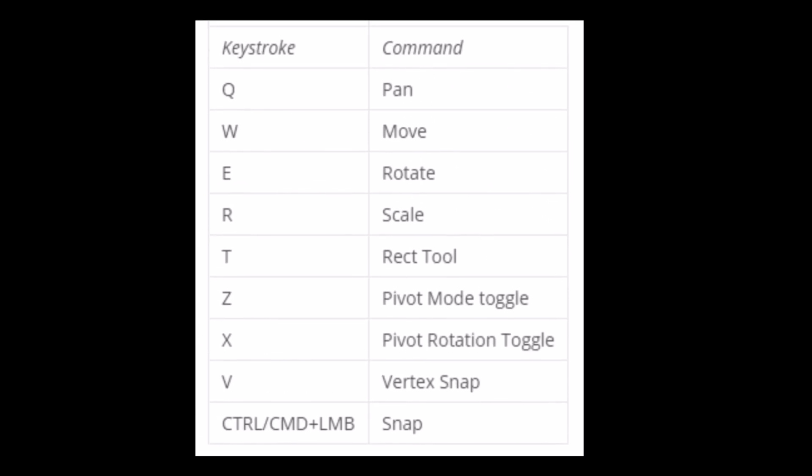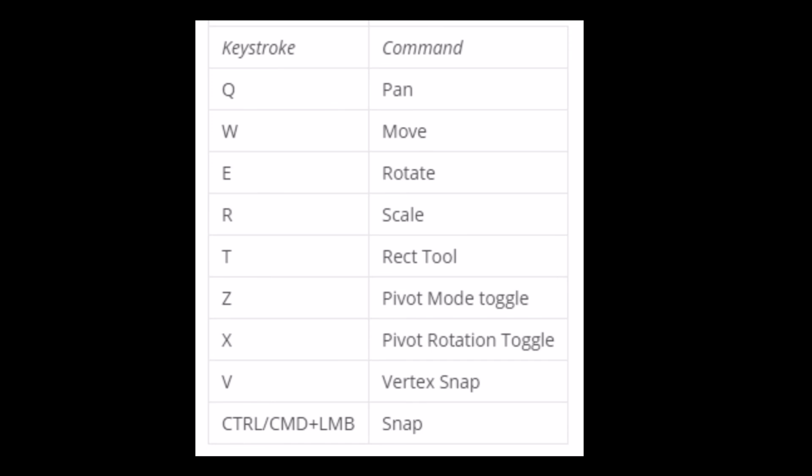A couple other things to talk about would be some of the keystrokes and movement controls for Unity, because a little bit of it is different than other programs you may have used. So here's a list of the different keystrokes you can use to automatically toggle on some of those tools we were talking about, the move, rotate, scale, and rectangle.